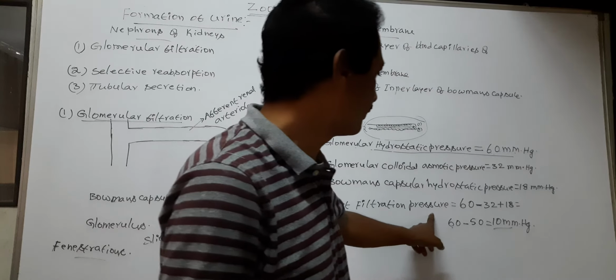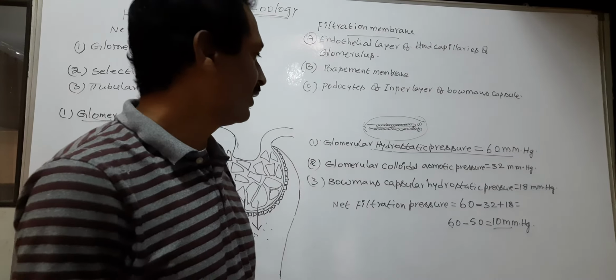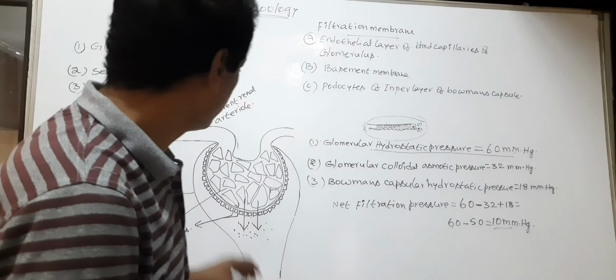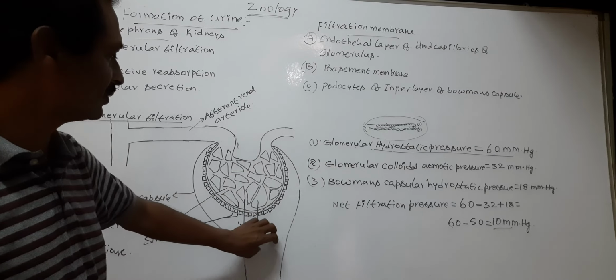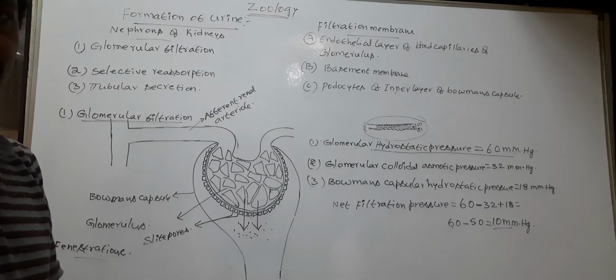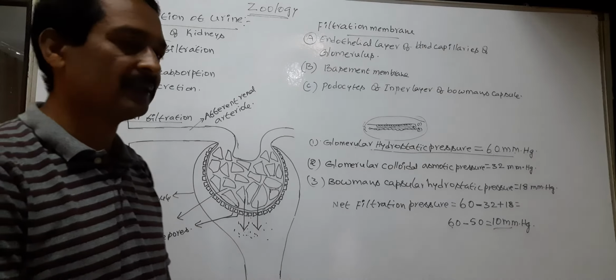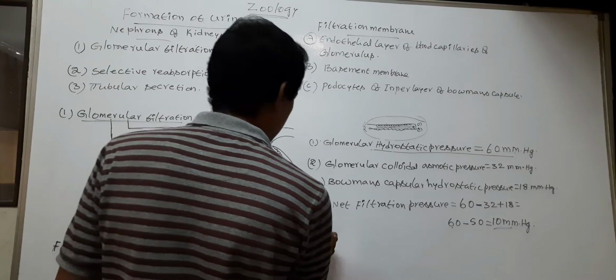So with the help of 10 mmHg net filtration pressure, the blood is filtered from glomerulus into lumen of the Bowman's capsule. This process is called ultrafiltration.